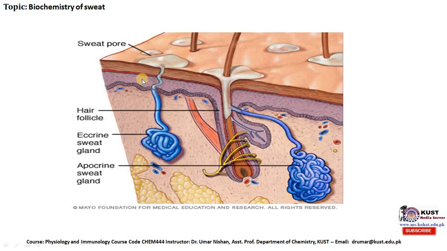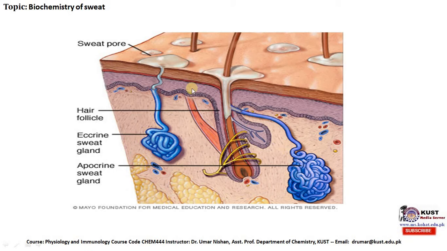Now this diagram is showing the sweat pore. You can see it here. Here this is showing the hair follicle. This is the eccrine sweat gland. This is showing apocrine sweat gland. You can see it here.